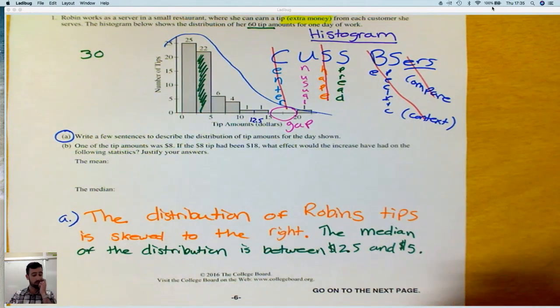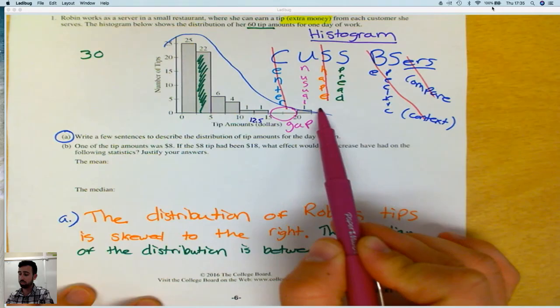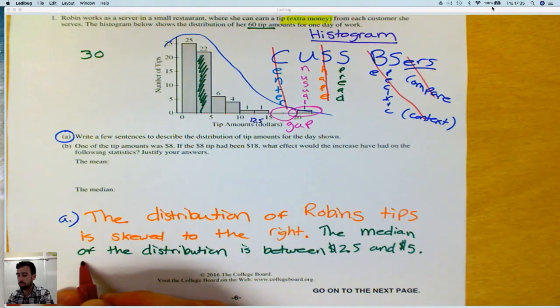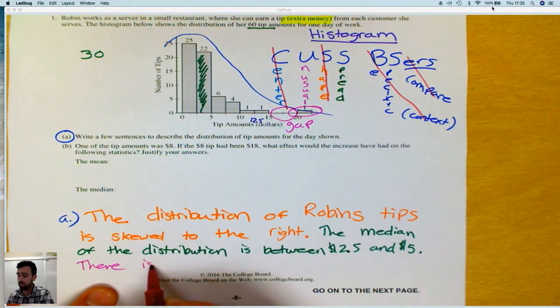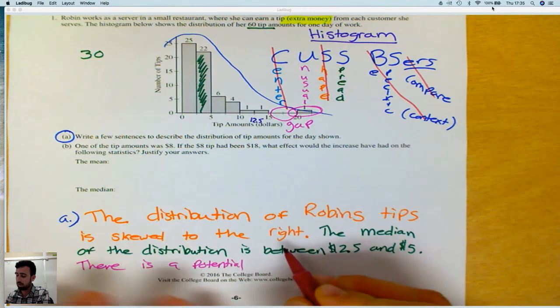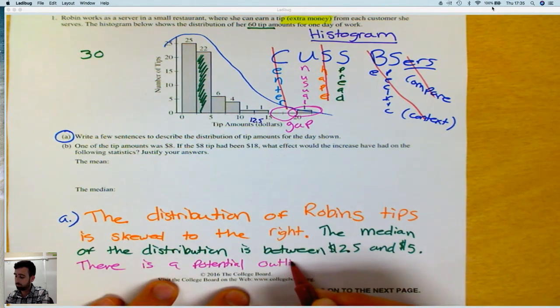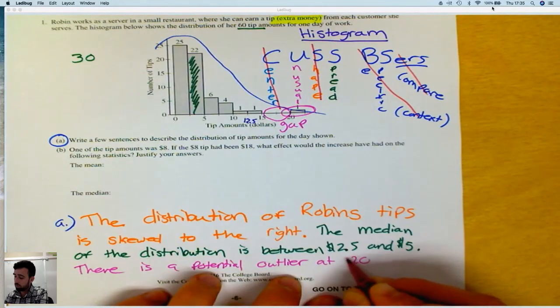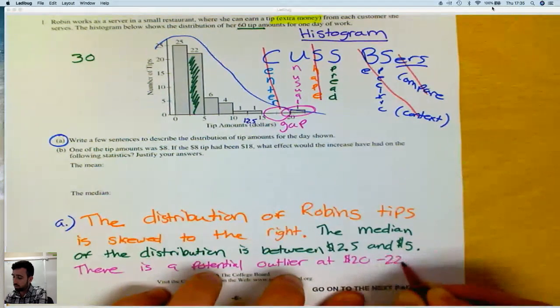So we want to talk about that there's an unusual gap and potential outlier. So we want to say something like there is a potential outlier at 20 to 22.5.